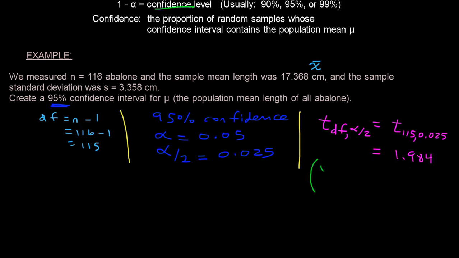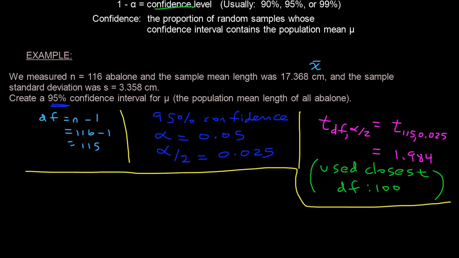So I'll make a note here that we used the closest degrees of freedom, which was 100. Now that we have all of the components that we need to create this confidence interval, we are now going to plug them all into the formula.